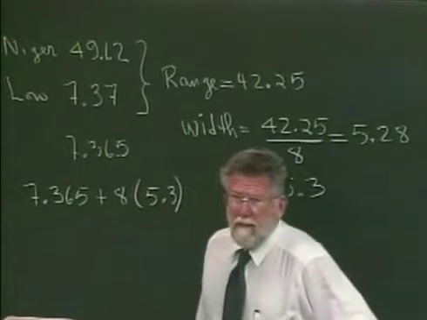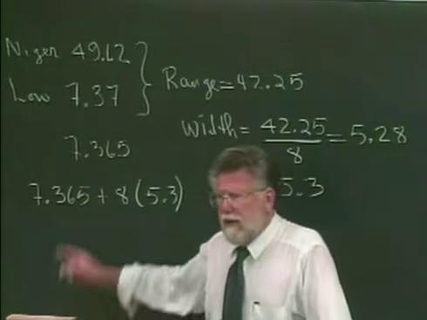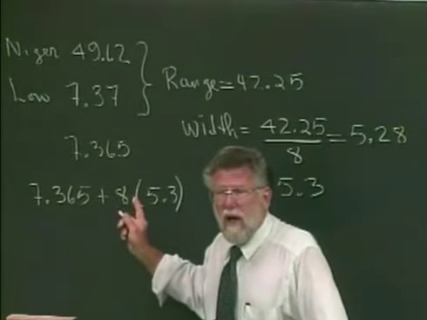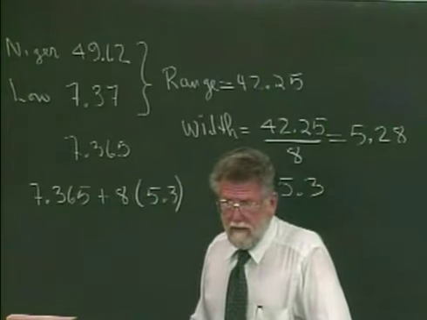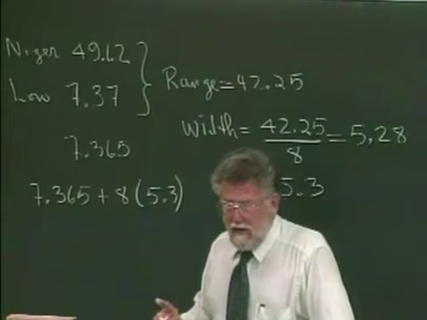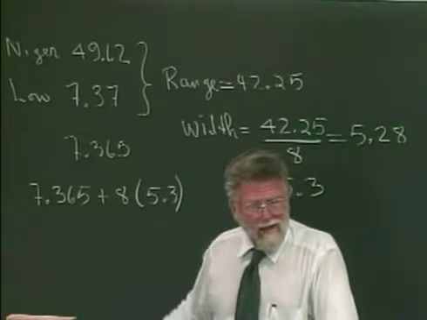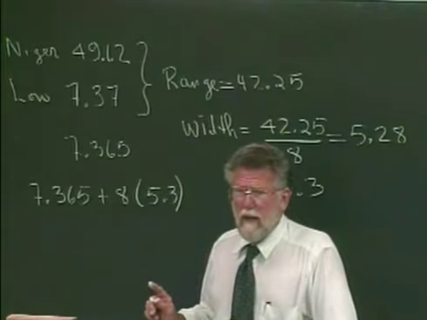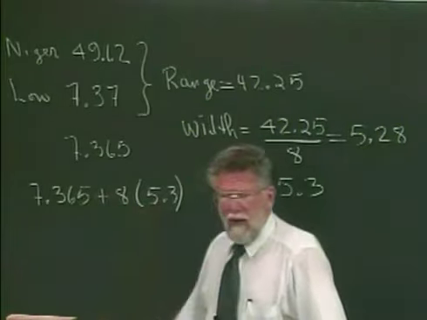Now by doing that, I'm going to have an upper boundary that is higher than my highest data value. Let me say that one more time. The intent here, and there are occasions with some data that I may not quite achieve what I want, but my goal is that this upper boundary is higher than the highest data value.